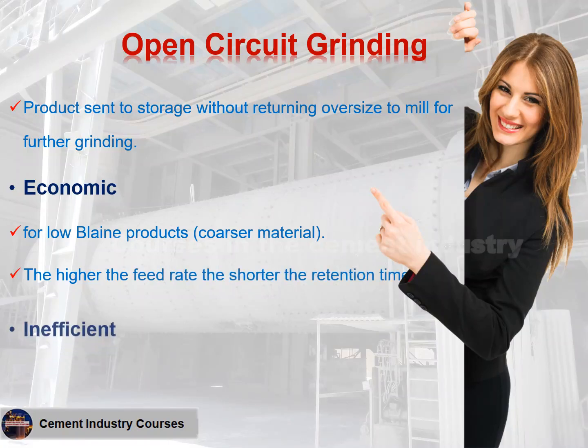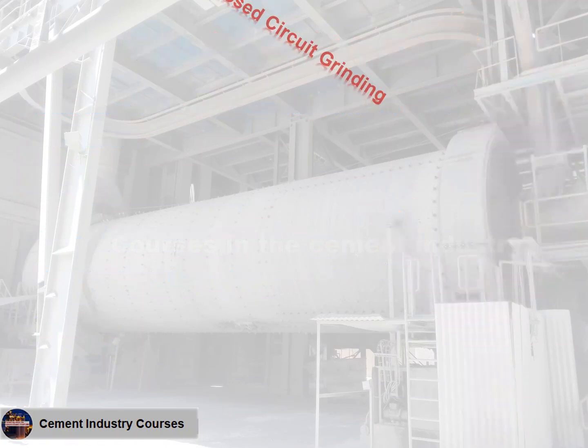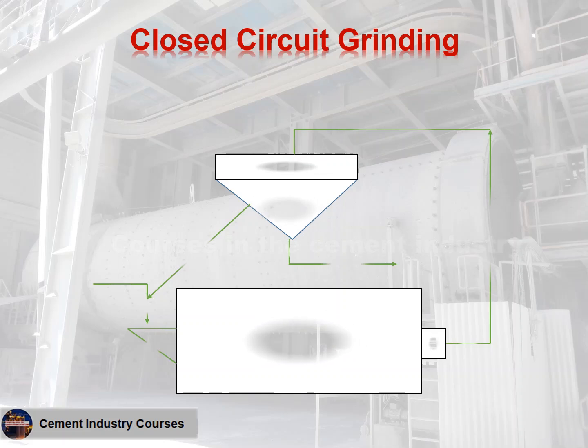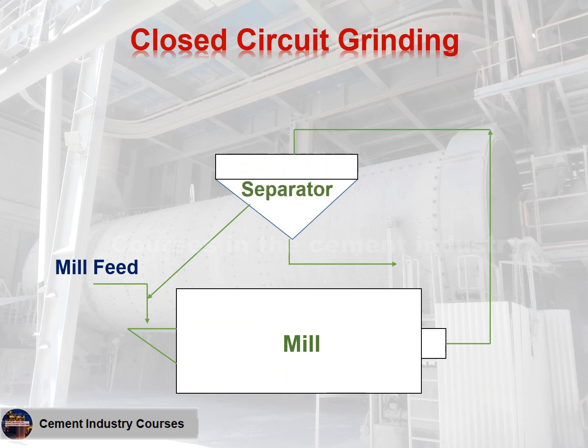Inefficient. 1. For high Blaine. 2. Closed circuit grinding consists of ball mill feed, separator, material rejected from separator, material fines to silo.